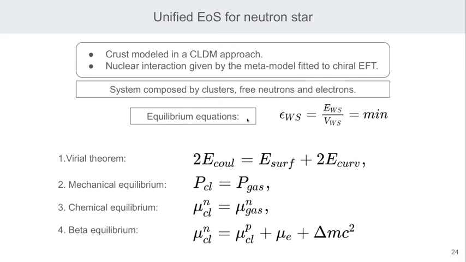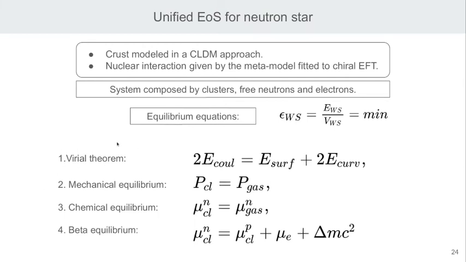And what we do, we have an energy of each cell that we minimize with respect to the variables of the system. That is the mass number, the cluster density, electron fraction, and the neutron gas density.